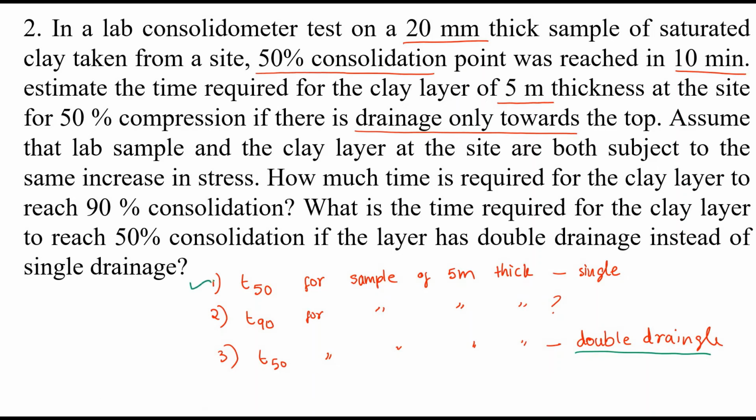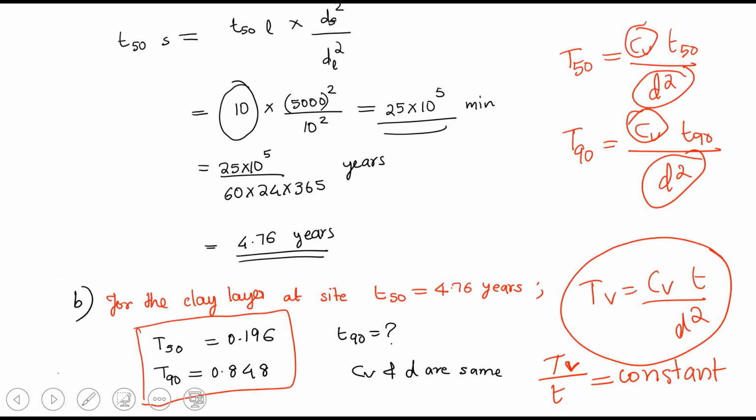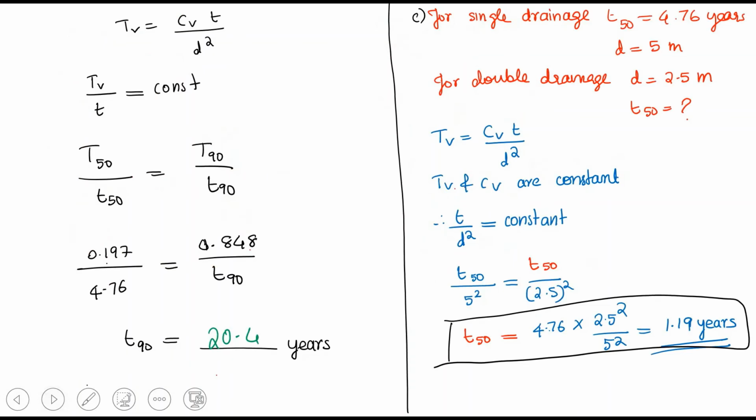In the first question, we found the time required in the single drainage condition. So what will be the time required for the same clay layer if the clay can drain in both directions? We have the time required in single drainage, T50, 4.76 years. The drainage thickness is 5 meter since it is single drainage.